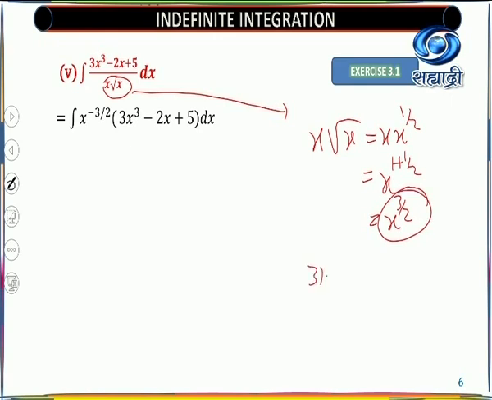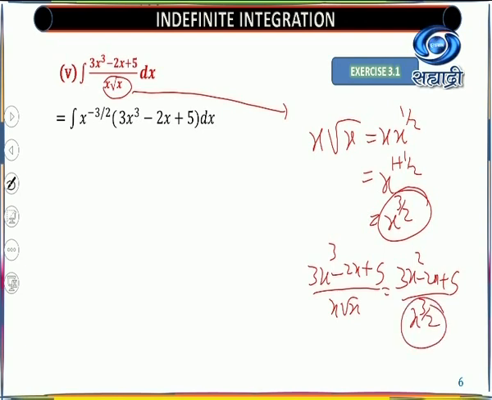So your complete function, 3x cube minus 2x plus 5 upon x root x, becomes 3x cube minus 2x plus 5 upon x raised to 3 by 2. Now this x raised to 3 by 2 goes to the numerator and becomes a negative power. Hence you have x raised to minus 3 by 2 into bracket 3x cube minus 2x plus 5 dx. Now you multiply by this power.